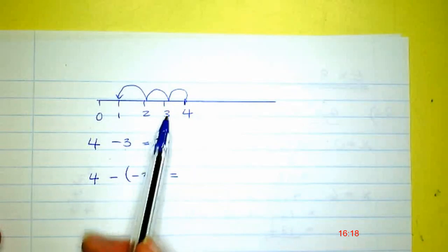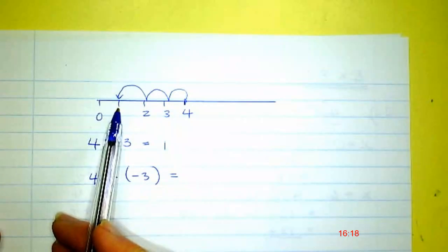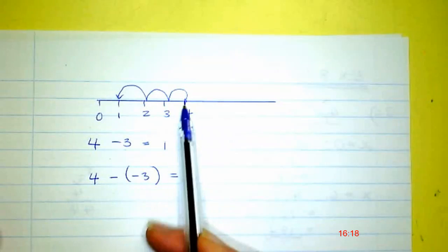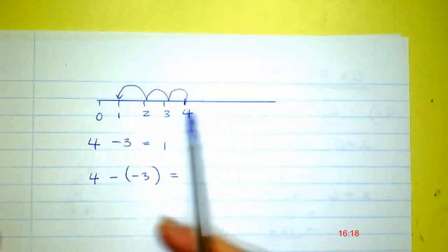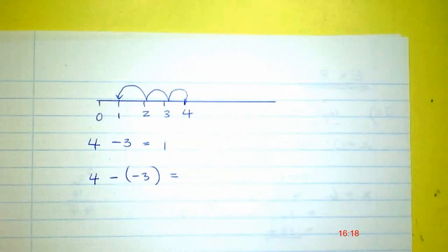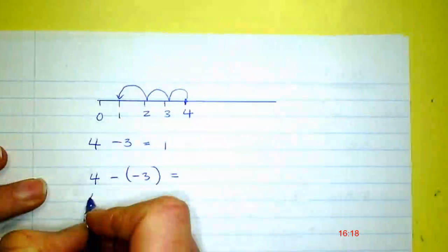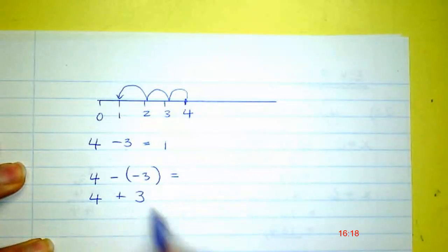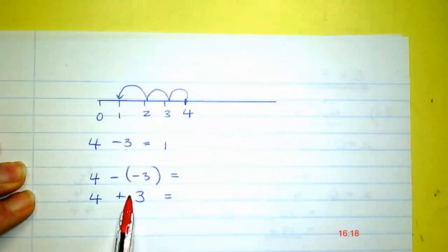I can't go the same way as before, because that would be silly. These 2 things must mean something different. You can either go left or you can go right. And so surprisingly, 4 minus minus 3 is actually the equivalent of 4 plus 3, because it has to be something else.